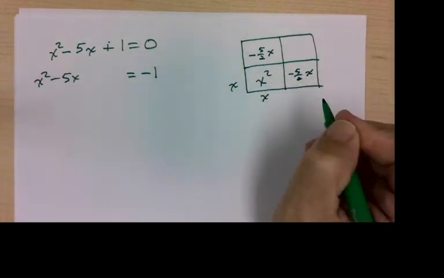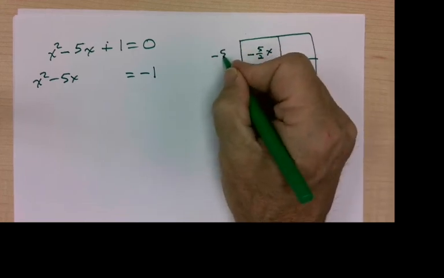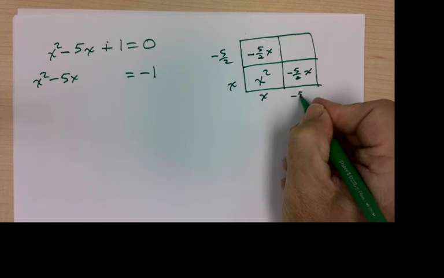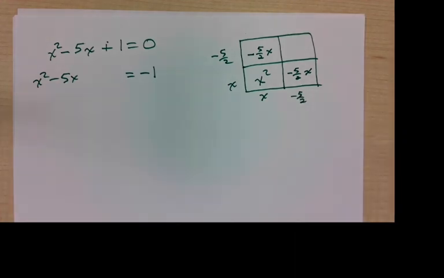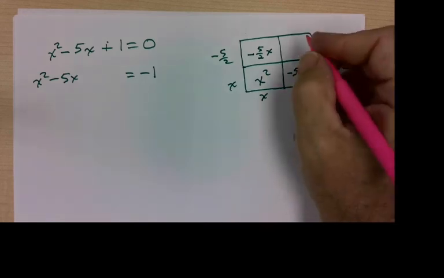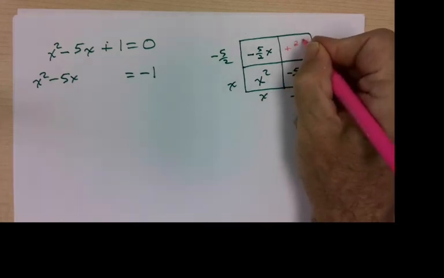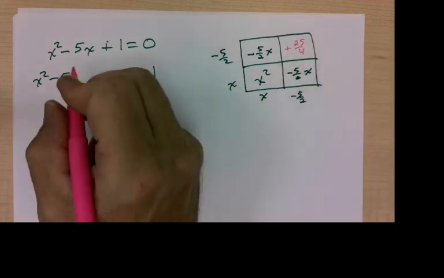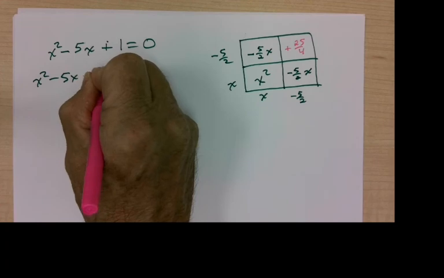x and x here. x times negative 5 halves gives me negative 5 halves x. Multiply those together. Negative 5 halves times negative 5 halves is positive 25 fourths. That is what will complete the square. So we add 25 fourths to both sides.